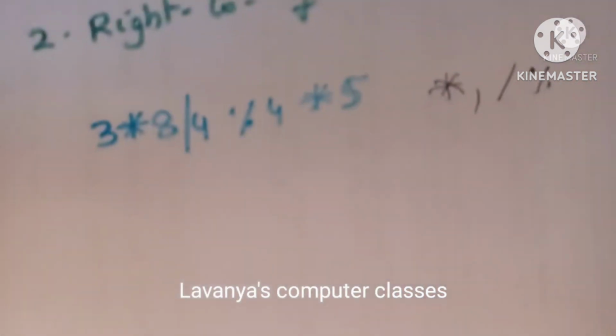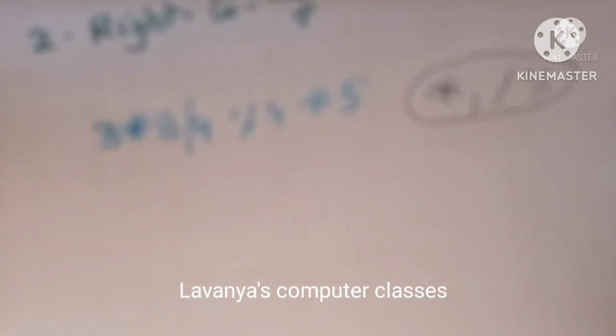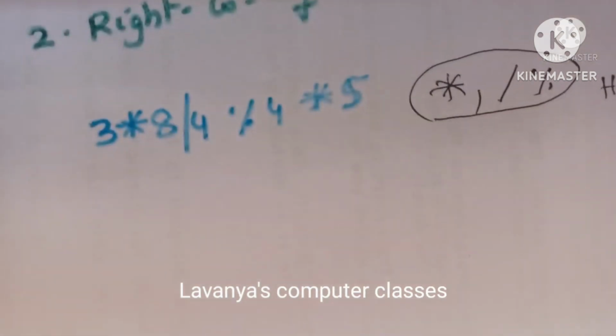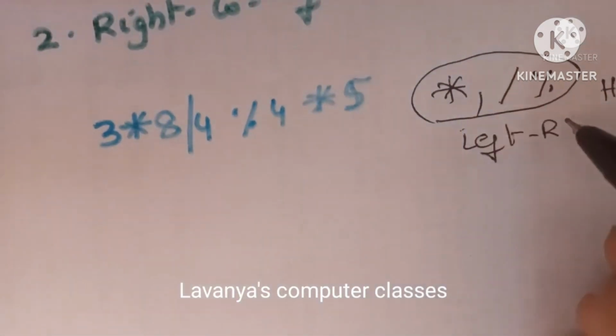All belong to high priority operators, which means all have the same precedence, the same level. So which one is executed first? That is explained by the concept of associativity. Associativity has two types, left to right and right to left. First I will go for left to right.